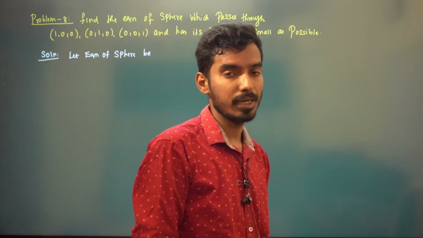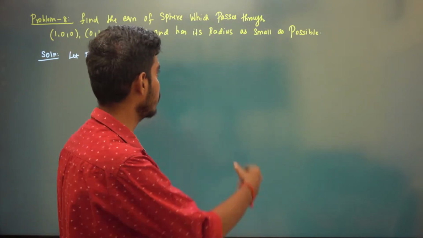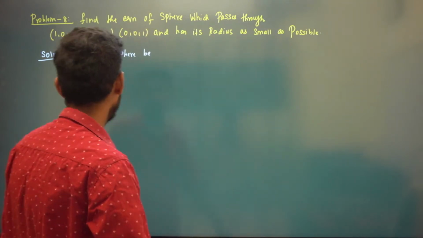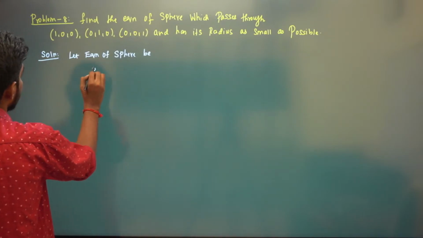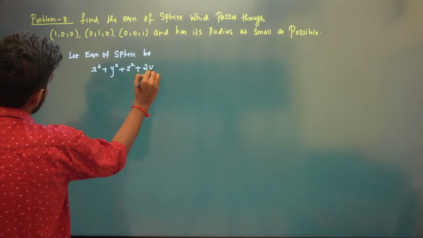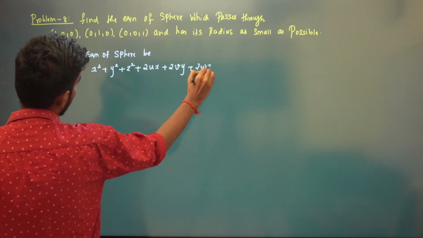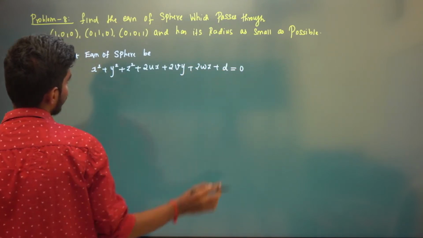So we need to bring in the maxima minima concept here. Let the equation of the sphere be x square plus y square plus z square plus 2ux plus 2vy plus 2wz plus d equal to 0.